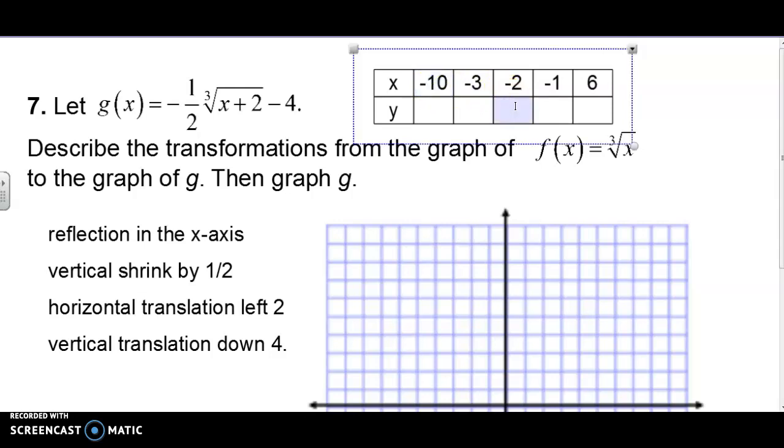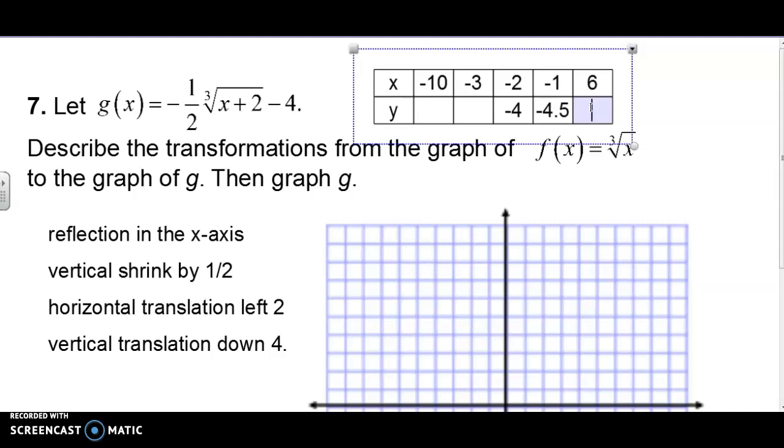So if we plug in negative 2, again it's going to be 0 inside, which is going to make 0 minus 4, which is negative 4. Negative 1 would wind up giving me the cube root of 1, which is 1, times negative 1/2 is negative 1/2, minus 4 is negative 4.5. 6 would give me 8.